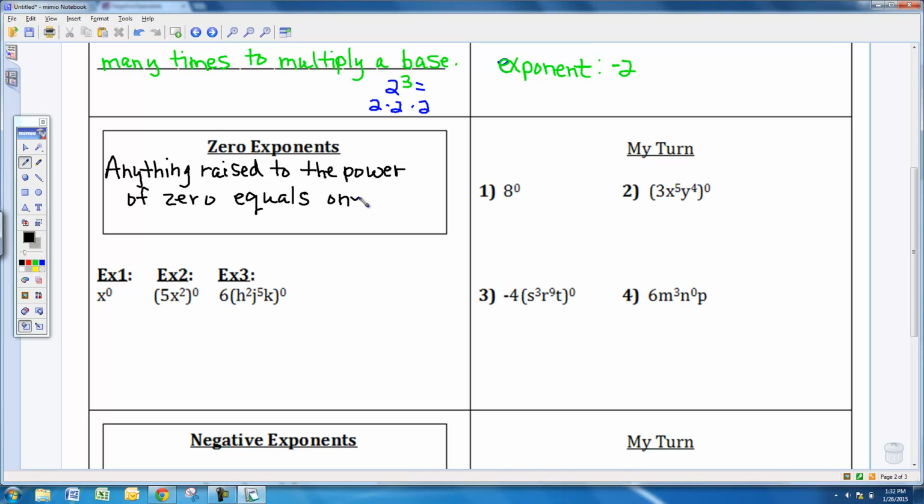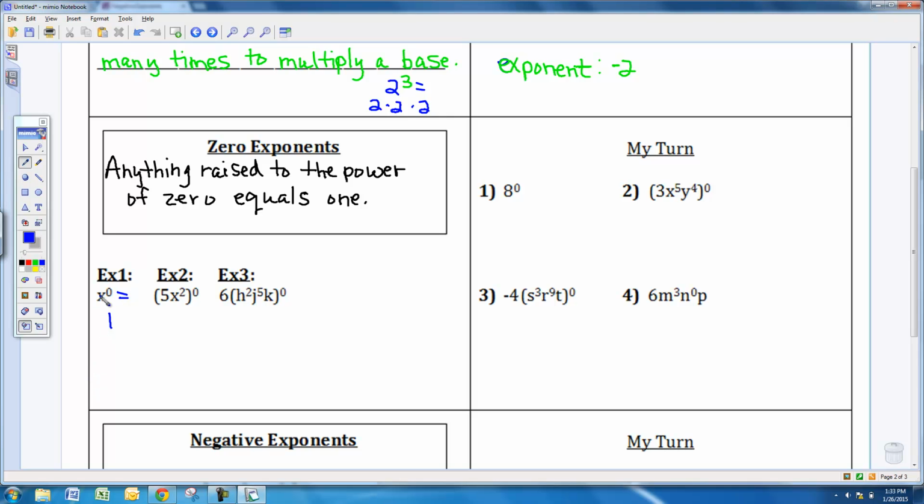This law is actually really helpful to us in simplifying expressions with exponents. Let's do some examples. For example, example 1, x raised to the 0 power. Because the x is raised to the 0 power, it's always going to be equal to 1.